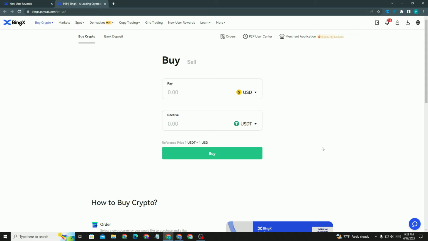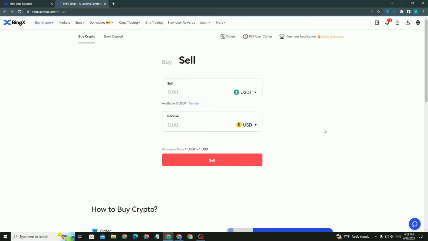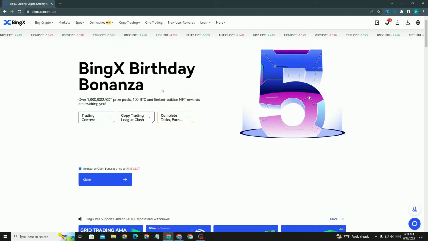For example, USD, ETH, there are varieties of currencies over there, so you can simply buy. And for selling also it is the same, so whichever is favorable to sell, then you can simply sell the crypto.